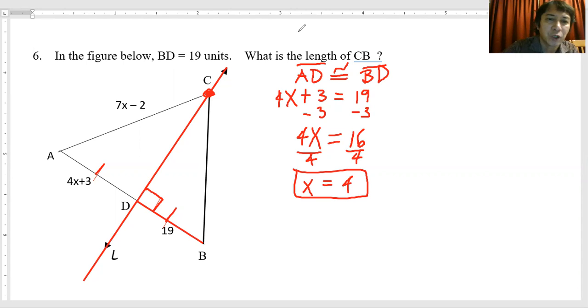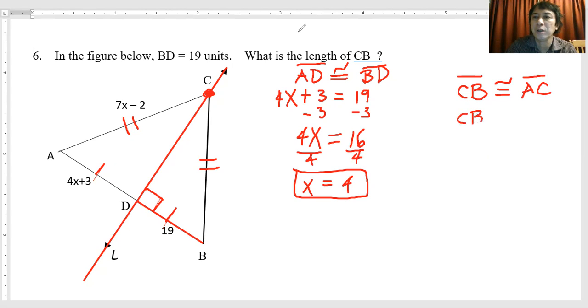That means we can conclude CB is equal to AC. The CB segment must be congruent to AC segment, and that means CB distance is equal in measurement with AC distance.